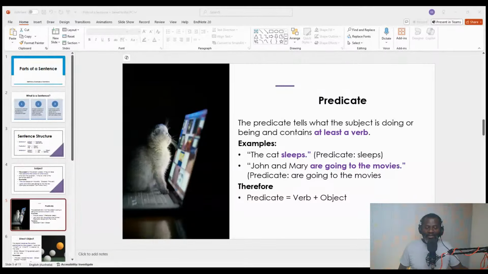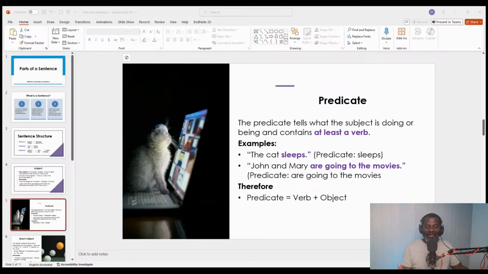The teacher gave the students homework. Now, let's use this as an example to see how all these parts fit together. The subject is the teacher who performs the action. And what was the action? Giving, or gave. Now, from gave to the end of the sentence, we call that part a predicate.